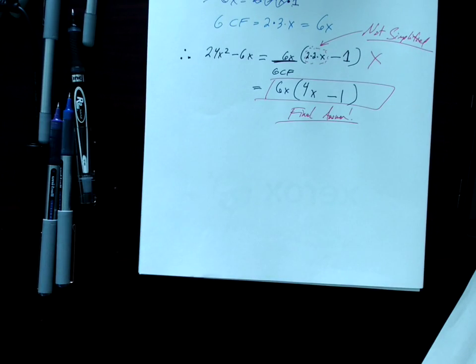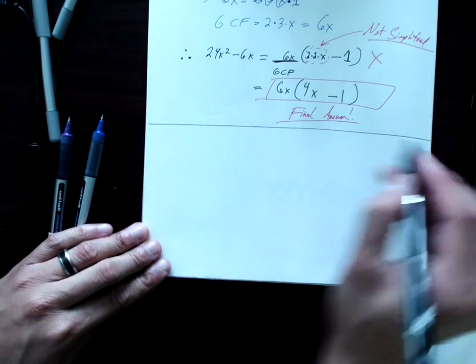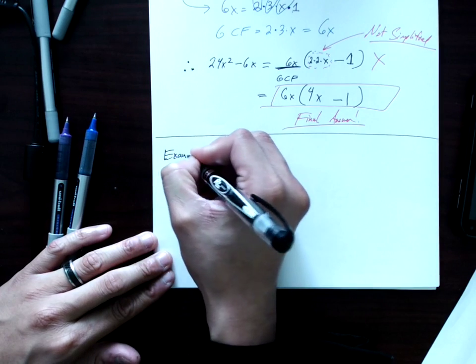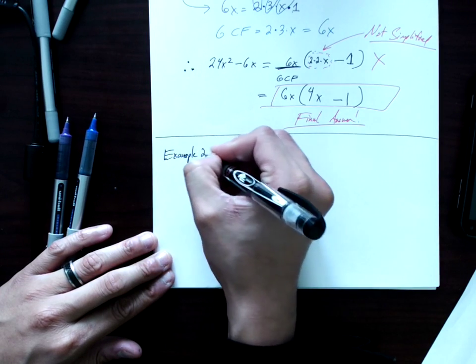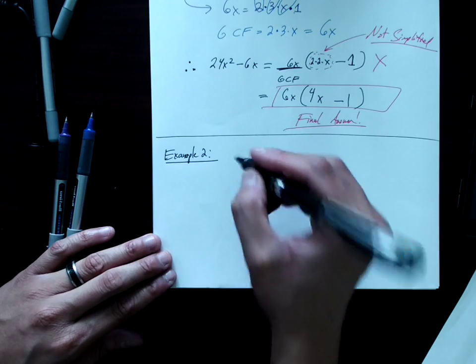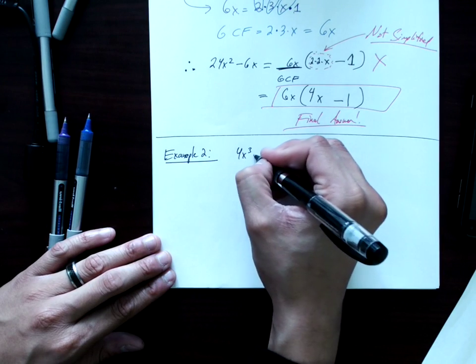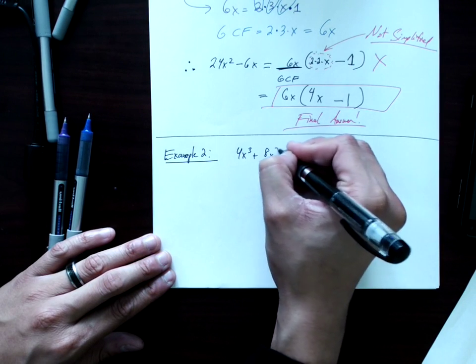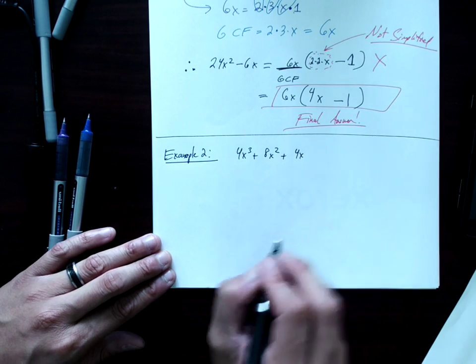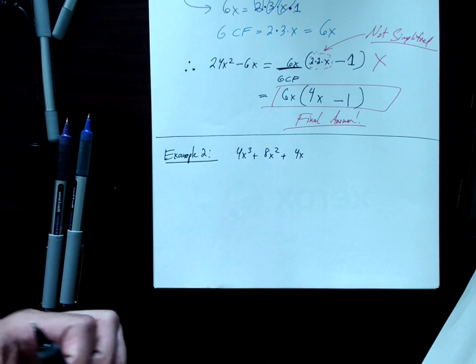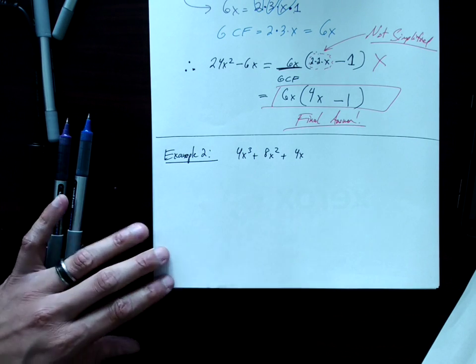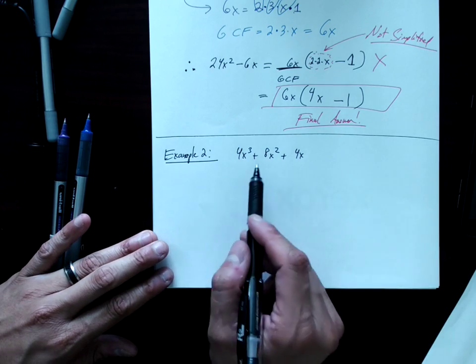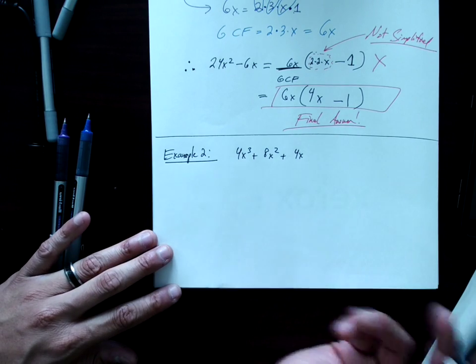Lastly, the last example that we're going to look at, example 2, we started off with 4x cubed plus 8x squared plus 4x. In this particular case, you're like, well, what do they have in common? Some of you automatically notice it's going to be 4x as a GCF.